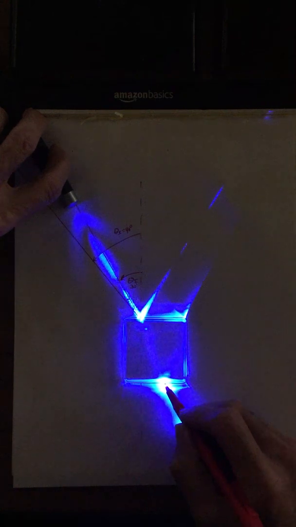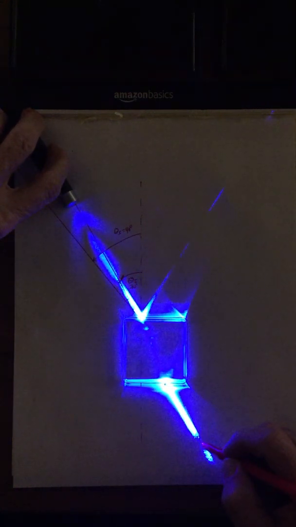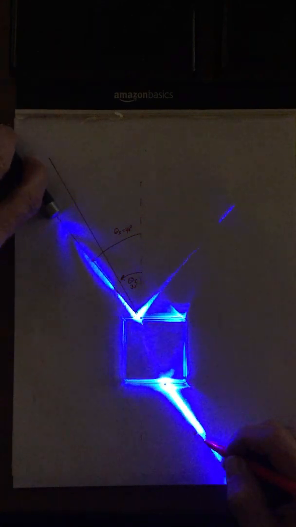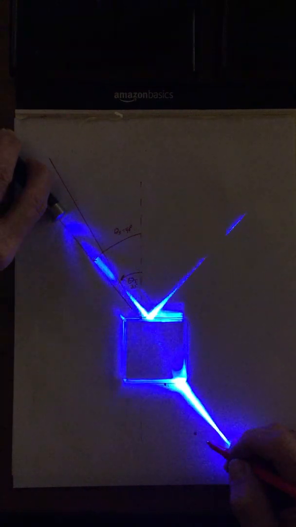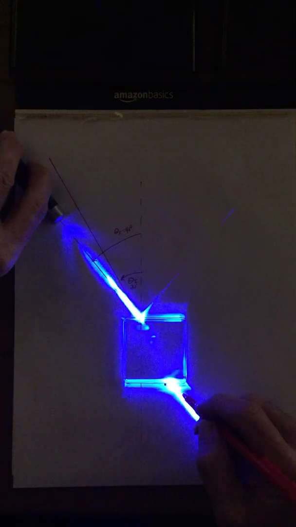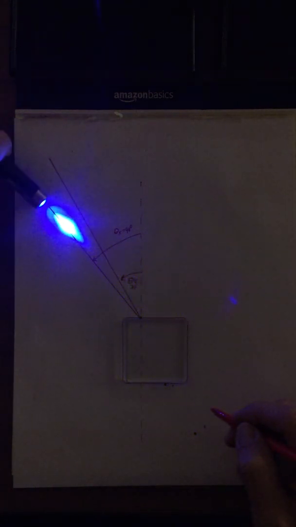So it's going to be exiting right about here and going to here. Now I'm also going to come in at a 40-degree angle. And try to do this again just to be sure.